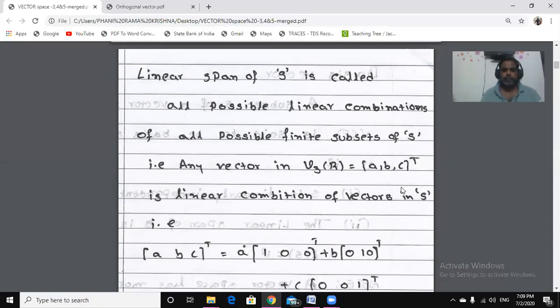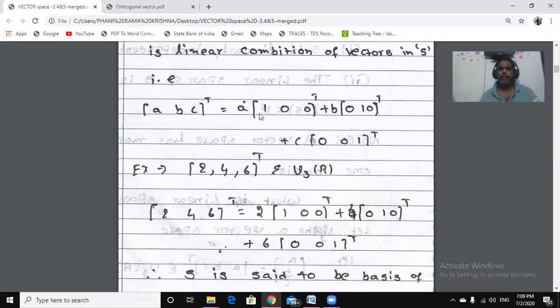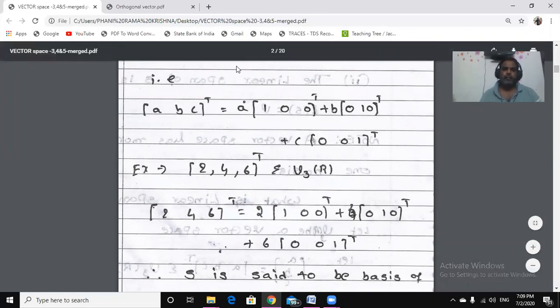I can write this vector (a, b, c), where a, b, c are real numbers, as a times the first vector, written here row-wise so I write it as a column vector (1, 0, 0), plus b times the column vector (0, 1, 0), plus c times the column vector (0, 0, 1). So any vector in the vector space V can be represented as a linear combination of the three vectors of subset S. Therefore this is said to be a basis.